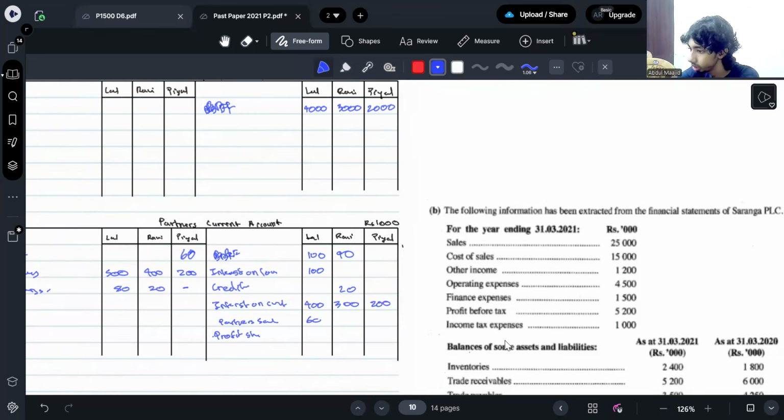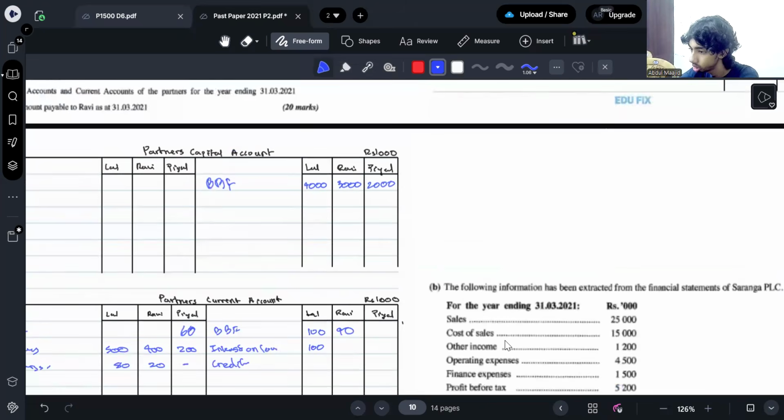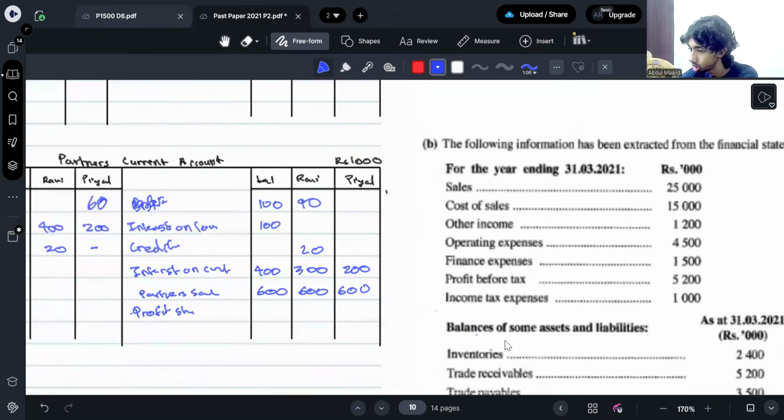Salary of each partner was 600,000 per annum. And the profit share was 1,500, 900, and 600.